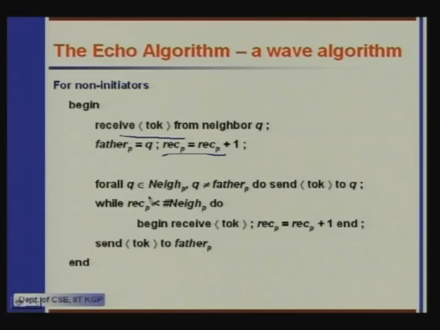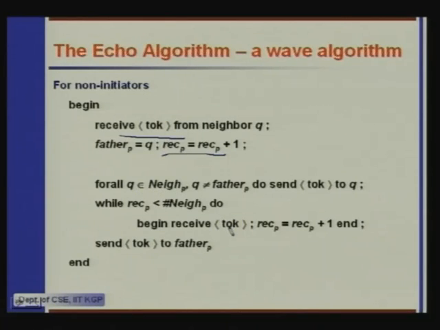Then for all neighbors which are not the father, for all nodes except the one from which it has received the token, it sends a token to q. And then it waits to get back k minus 1 tokens, if it has k minus 1 other neighbors.